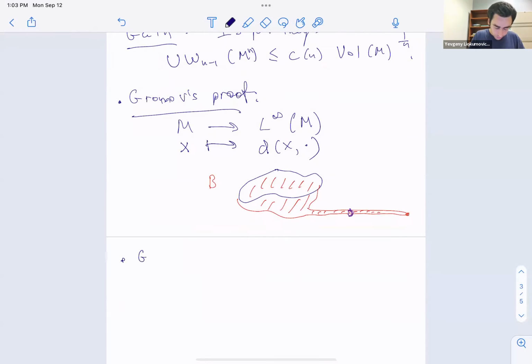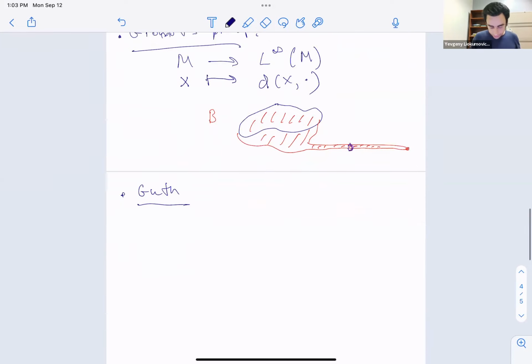Now, Guth's proof for the Urysohn width begins in a way that feels like a finite dimensional version of Gromov's argument.